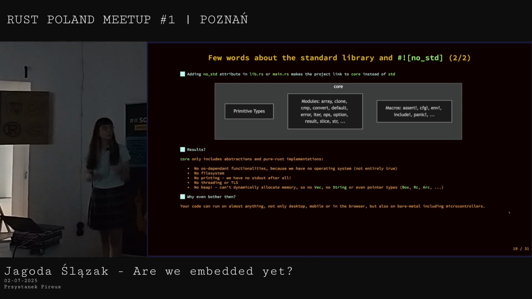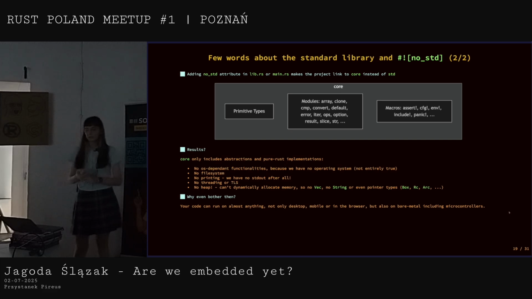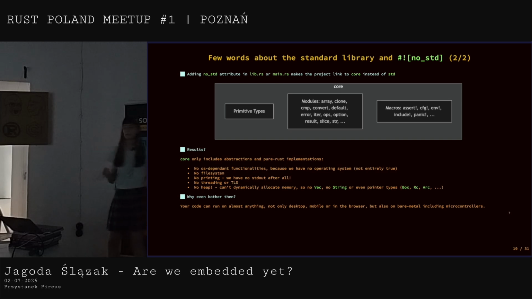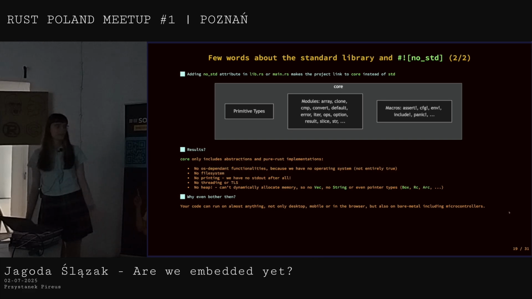So adding the no_std attribute makes your project link to core instead of std. And this means that we have no OS-dependent functionalities, no file system, no printing, because we don't have standard output, since stdout even has std in its name.